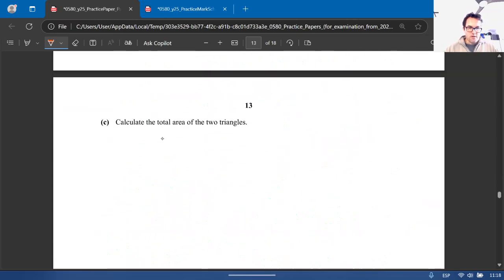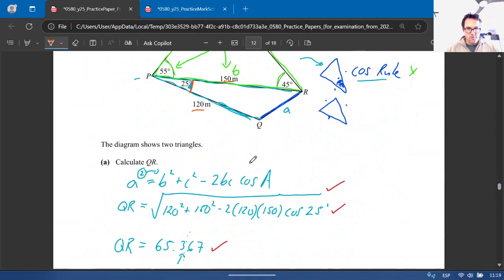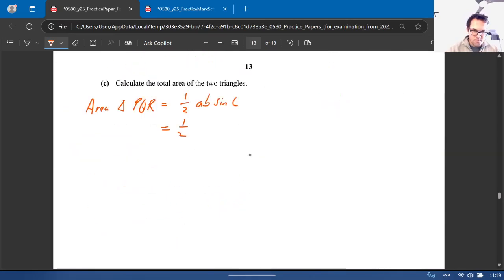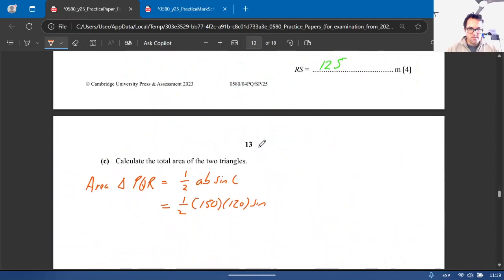So area of triangle PQR is half ab sin C. It will be half, and ab is simply the two sides, 150 and 120, in any order, times sin of the angle in between them, 25.